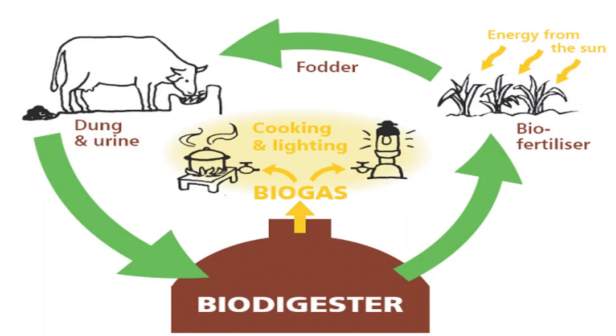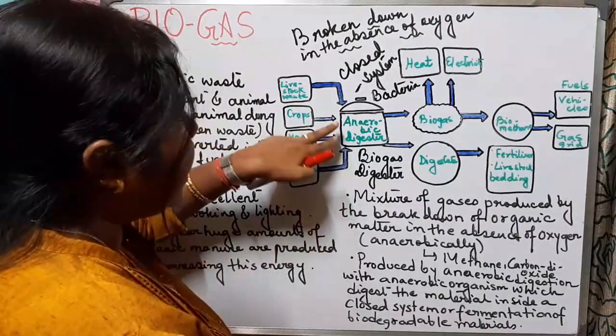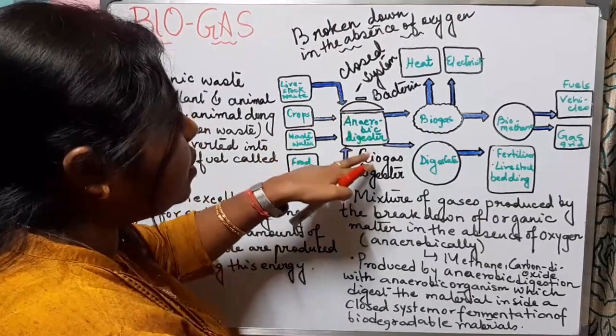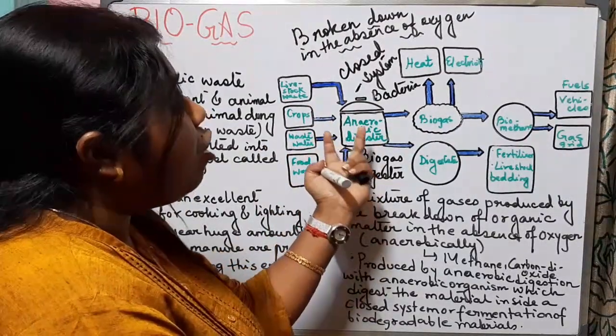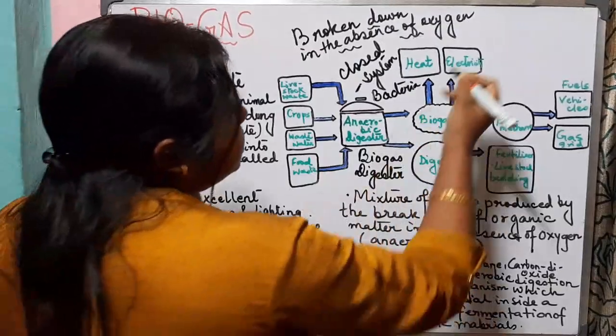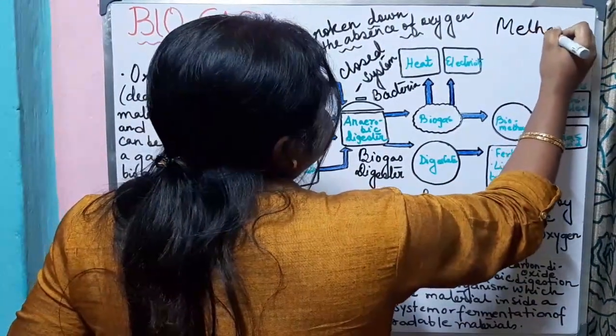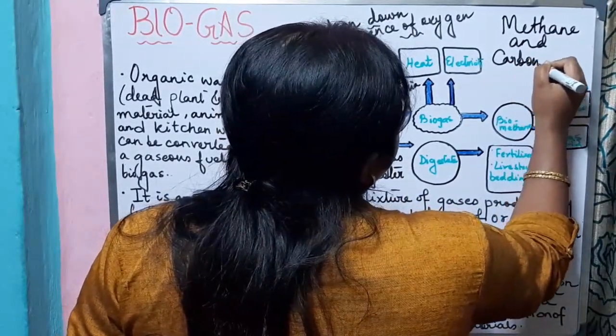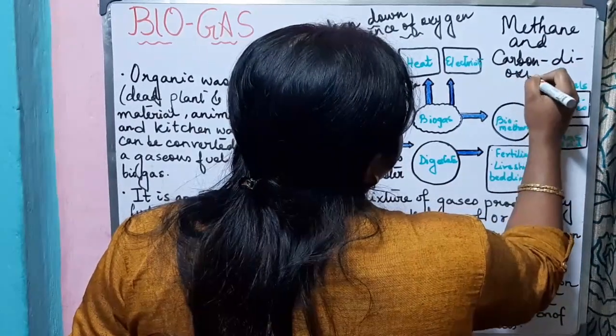In other words, the organic materials will get digested inside the closed system, or fermentation of biodegradable materials will occur, and this will form biogas, a mixture of gases, primarily two gases, methane and carbon dioxide.